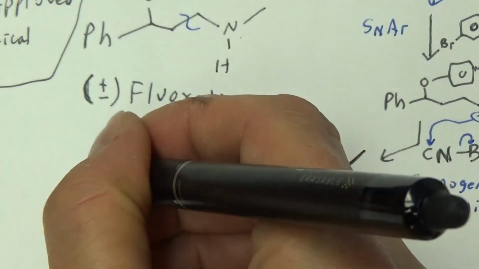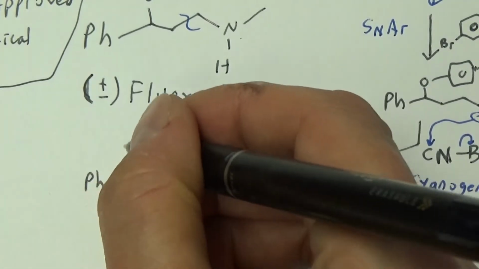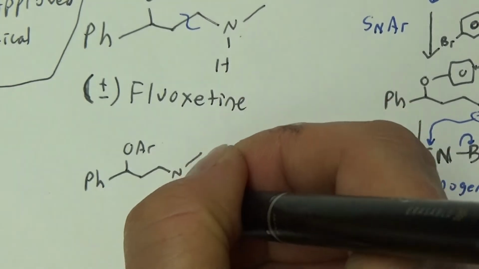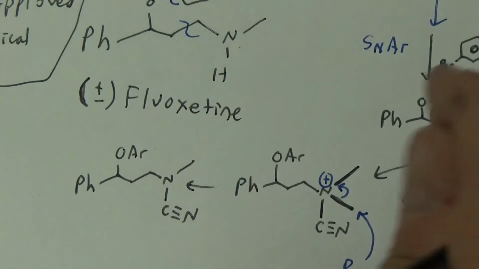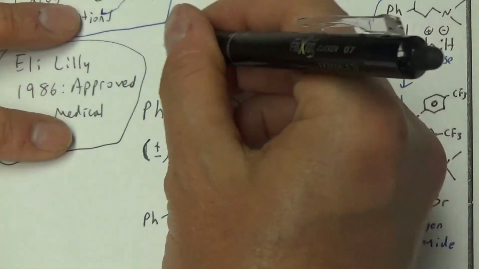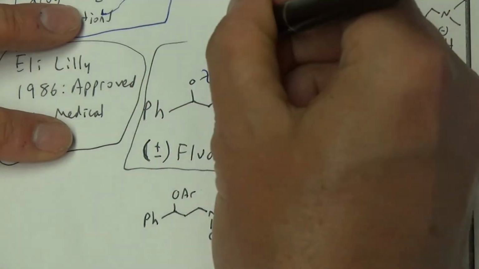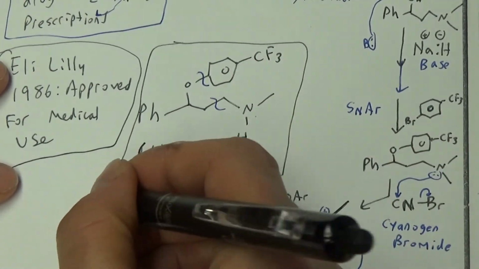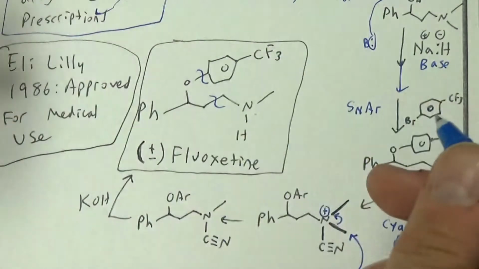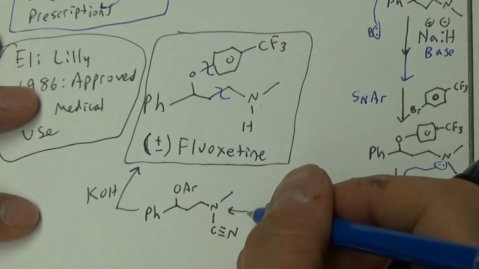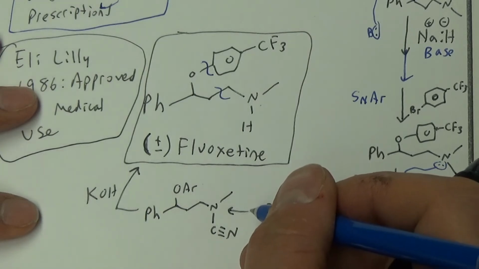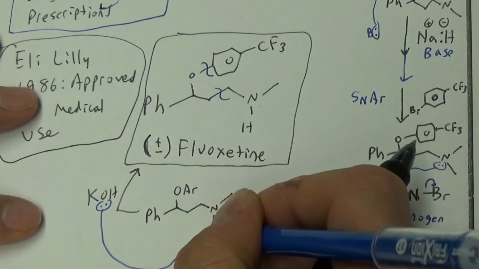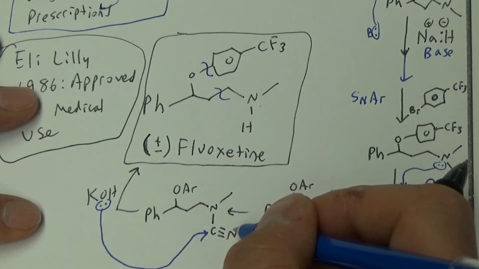Almost the product. Phenyl, OAR, C triple bond N. Okay. And to finally finish this off, to make the commercial product, they use KOH, and that KOH will attack the nitrile through a couple steps of mechanism I'm not going to talk about.